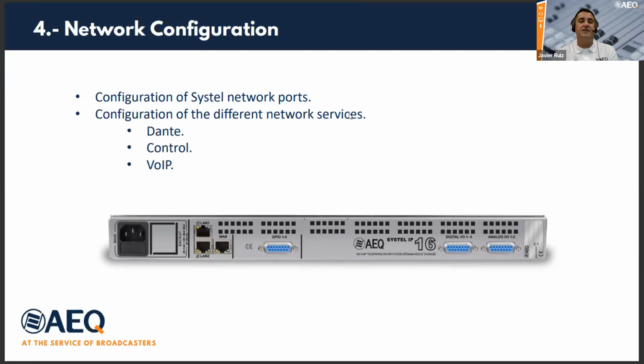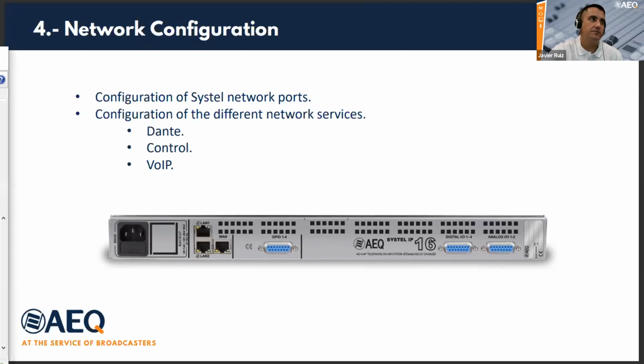It's very important to configure it the right way, to start the installation easily and be sure of the networking in the Systel system. How to configure this? Very easy.